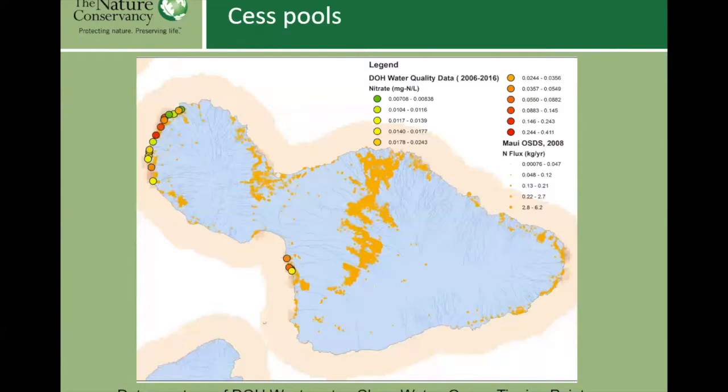But you can see that the Department of Health data doesn't nearly cover all of the coastal water, right? It's really spatially limited right now to West Maui and a couple of sites in Kihei. So if you want to see where you might have a nutrient problem, this is one possible place of where that's coming from.